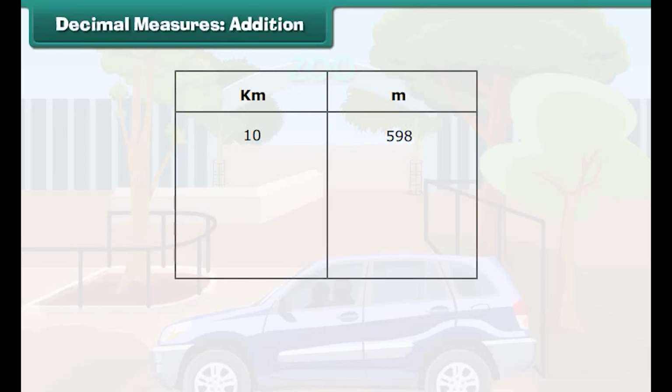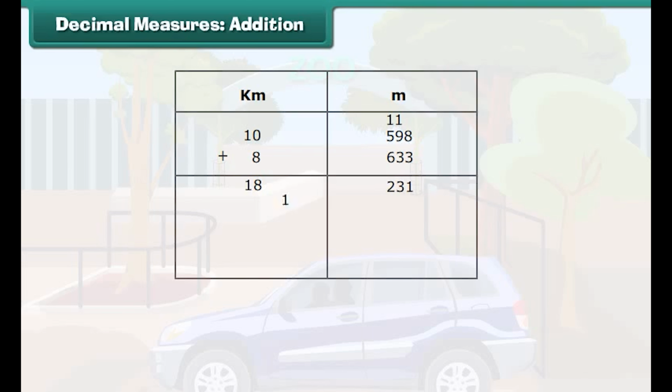Below 10, write 8, and below 598, write 633. Now add it. The sum of 598 metres and 633 metres is 1231 metres, which is equal to 1 kilometre and 231 metres.